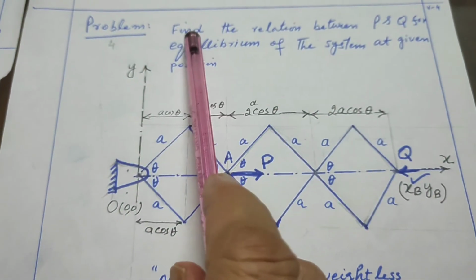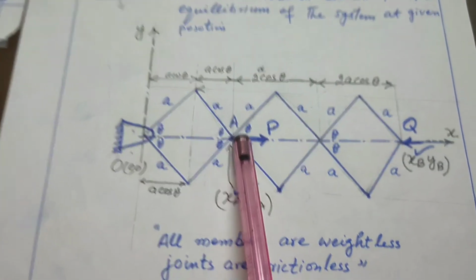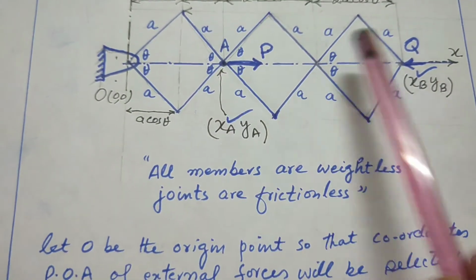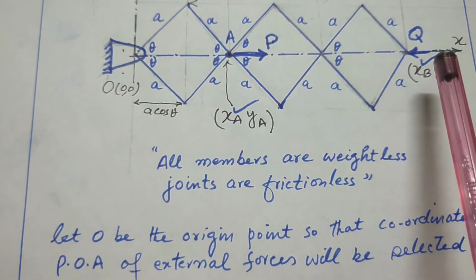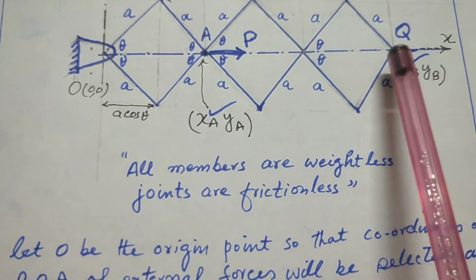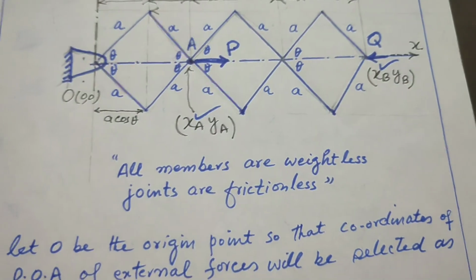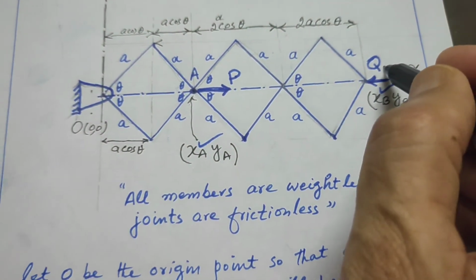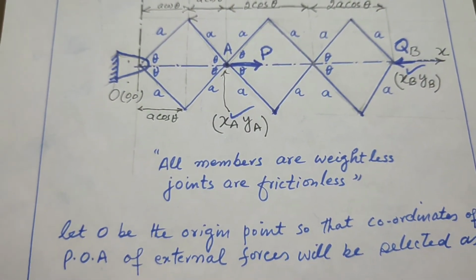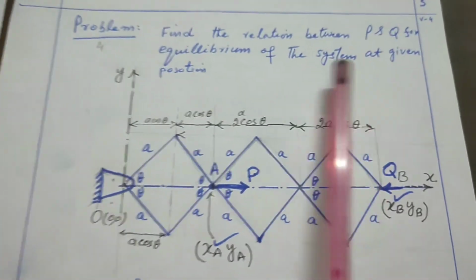The problem statement is find the relation between P and Q. This external force P is acting at this point A, and this Q is acting on point B. Find the relation between P and Q for equilibrium of the system at given position.